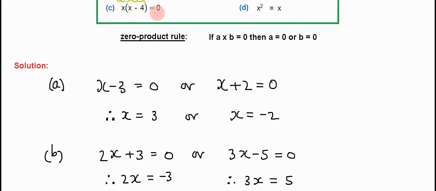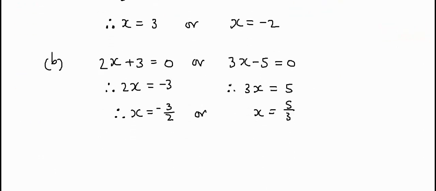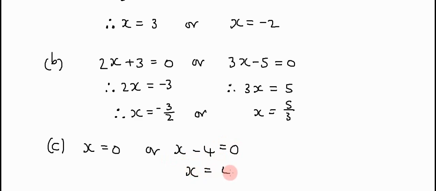In other words, x minus 4 is 0. So x is 0, or x minus 4 is 0. And here we can solve for x, and we see that x is equal to 4. In other words, our final answer is x is 0 or x is equal to 4.